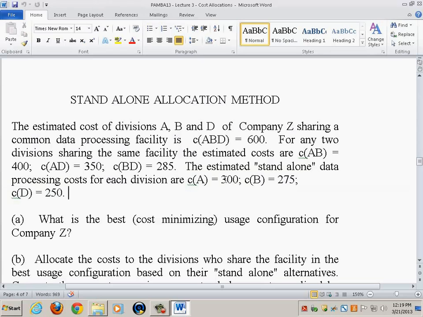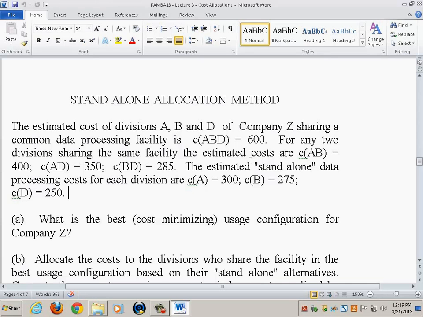That's 300 plus 275 is 575, plus 250 is 825. So it's 825 million in total costs compared to 600 million. So having a joint facility is a hefty cost saving, going from 825 total cost to 600. So obviously there is an advantage in having a joint facility.